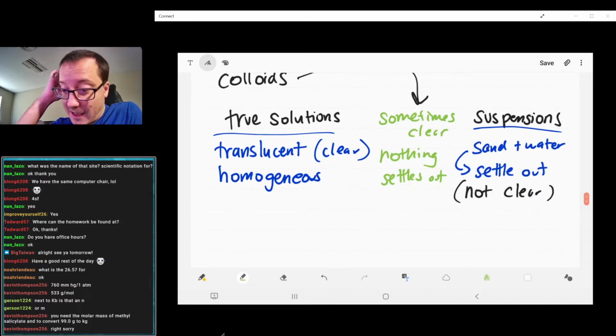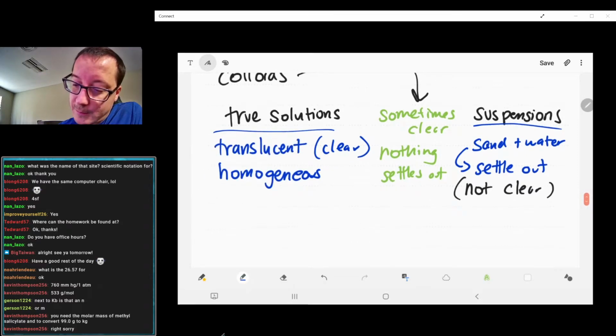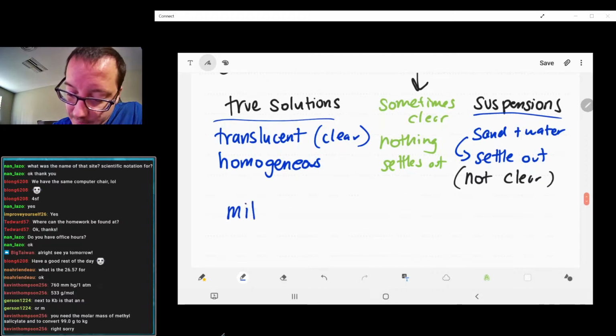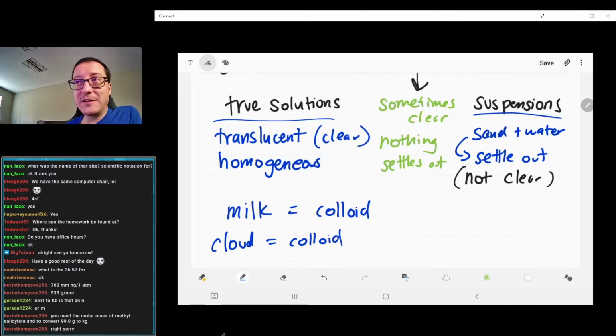Some examples of colloids would be like milk, for example, or a cloud. These are kind of easy ones for us to identify. If we look at a cloud, we can see it is not clear, right?